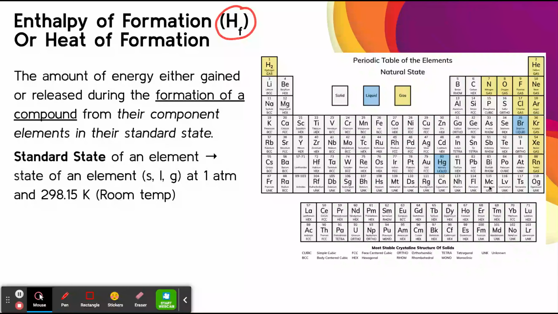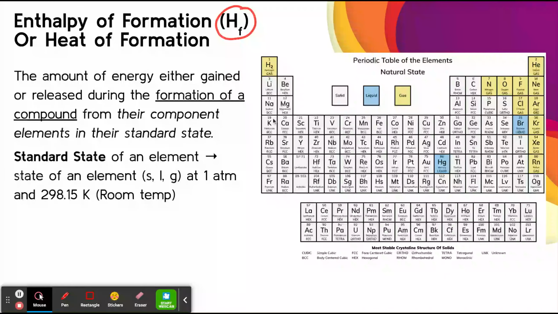All of my metals are solids, and most of my semi-metals are solids as well. Some of my diatomic gases and my noble gases are all gas at room temperature. And then we've got 2 elements that are liquid at room temperature, and that would be bromine and mercury. Okay, and so we can use this to determine what is the standard state of an element.